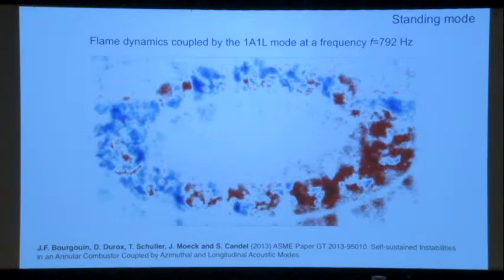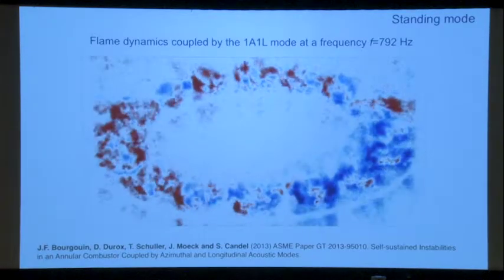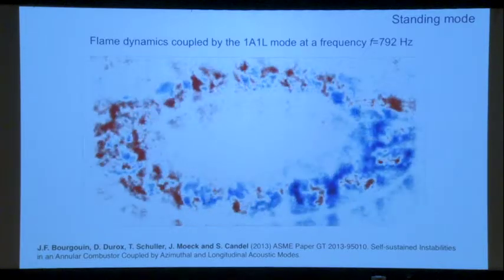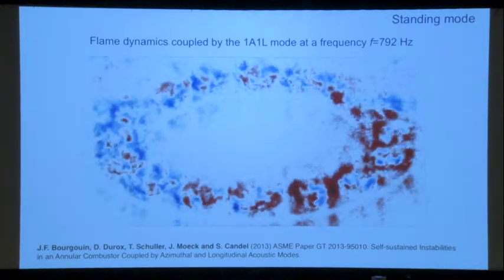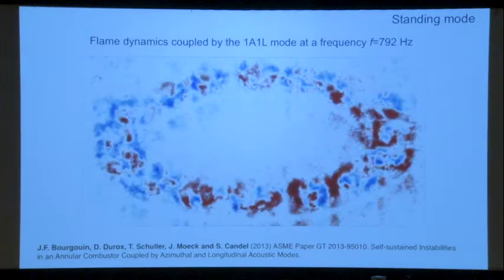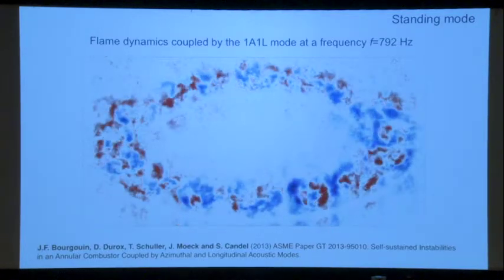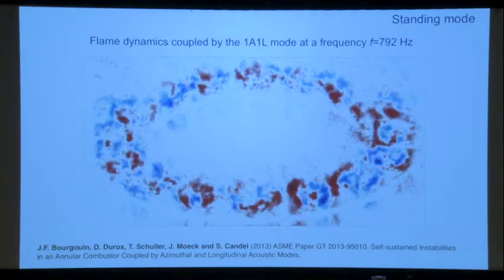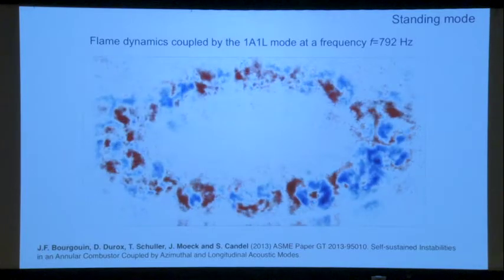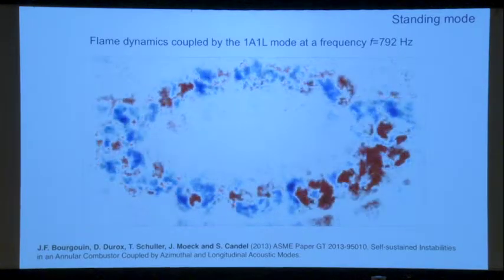And this is how it looks if you do an analysis of the motion, and you see that when it becomes red here, it becomes blue here, and vice versa. So it was already very interesting to see that the flames are responding to these azimuthal modes, that you have this behavior.